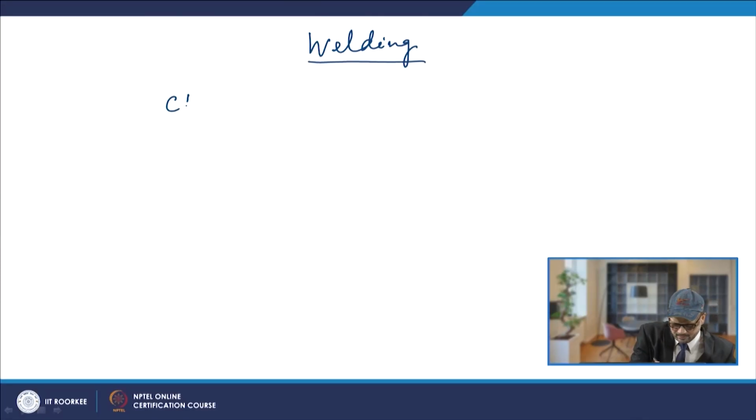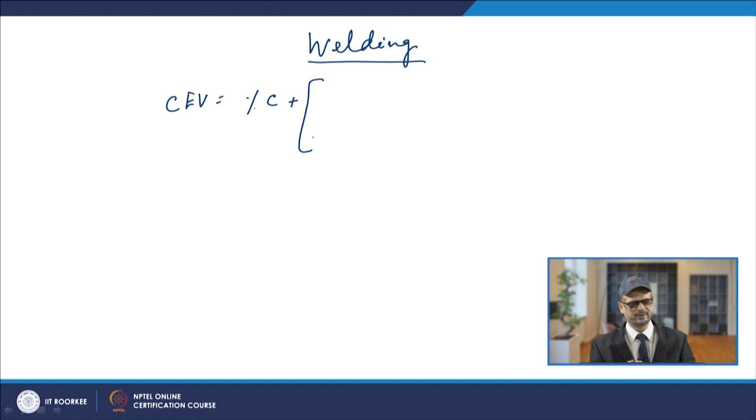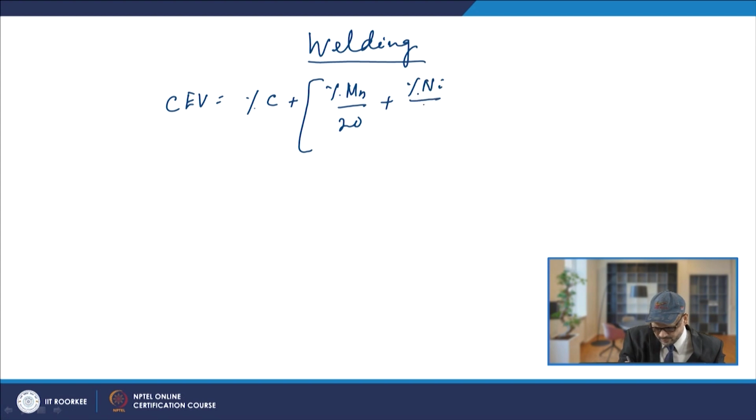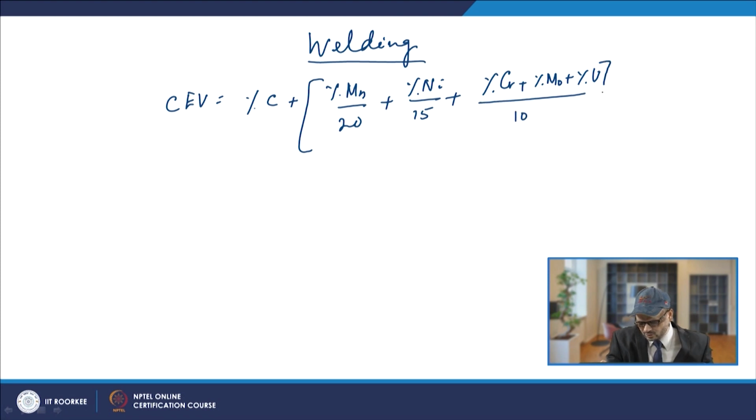For example, carbon equivalent value will be percentage carbon plus percentage manganese by 20 plus percentage nickel by 15 plus percentage chromium plus percentage molybdenum plus percentage vanadium by 10. That is one of the relationships which is given for the low alloy steels.